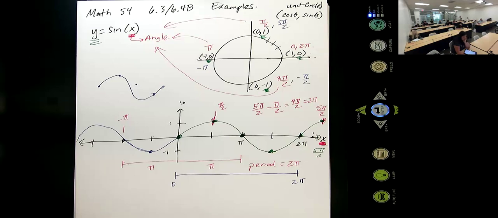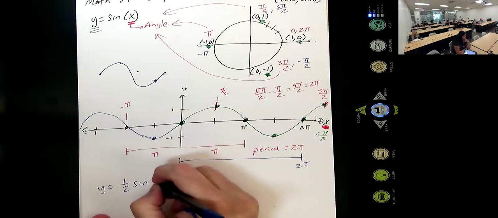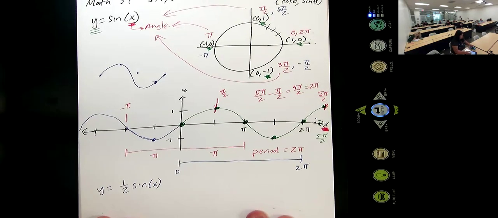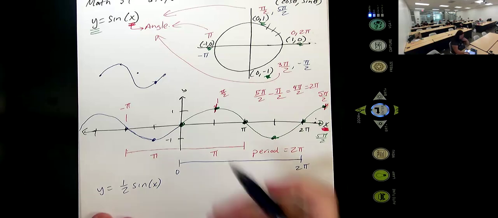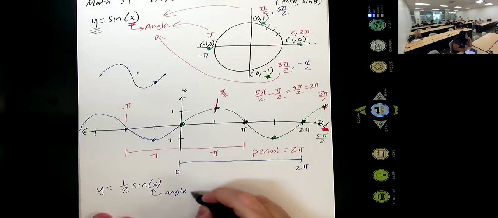And if we wanted to do y equals 1/2 sine x. Notice when we put our angles in here, our x values are angles.